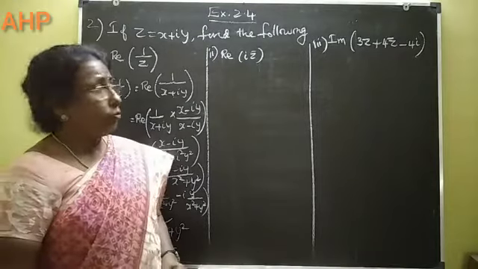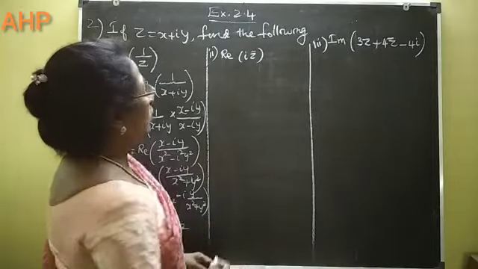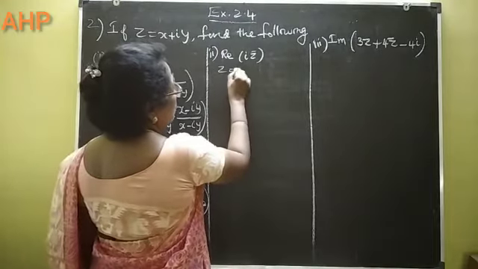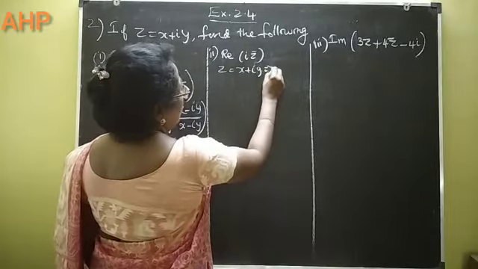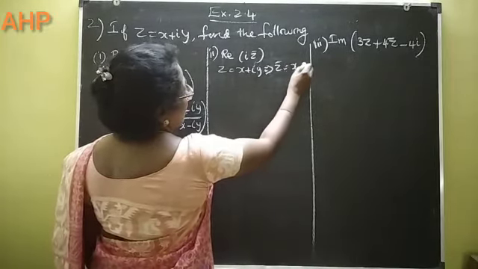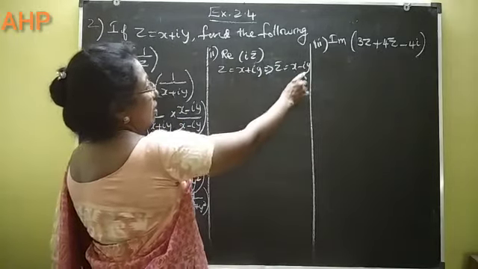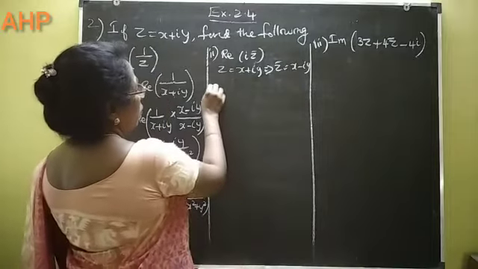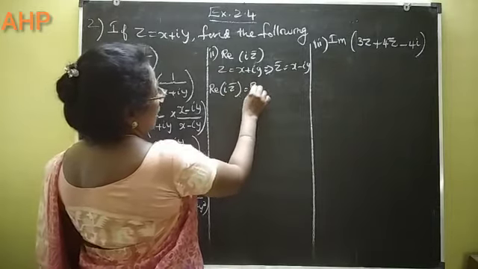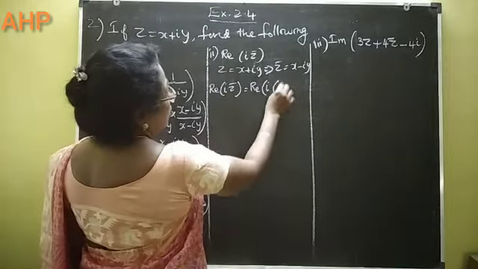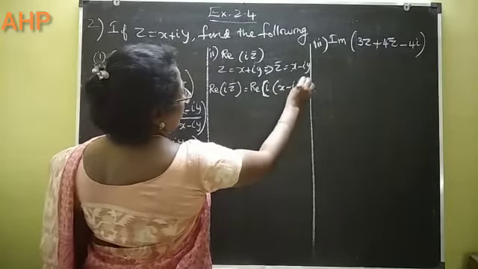In the next question, we have real of i z bar. So, we know that if z is equal to x + iy, then z bar is equal to x - iy. So, instead of z bar, we will be replacing x - iy. Therefore, real of i z bar is equal to real of i into the z bar value, x - iy.